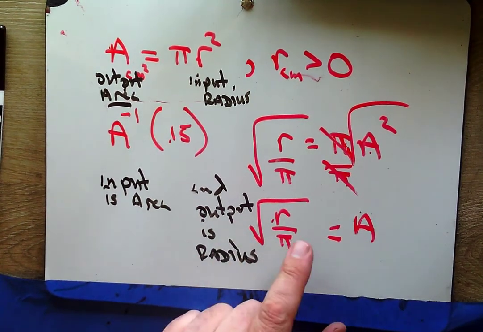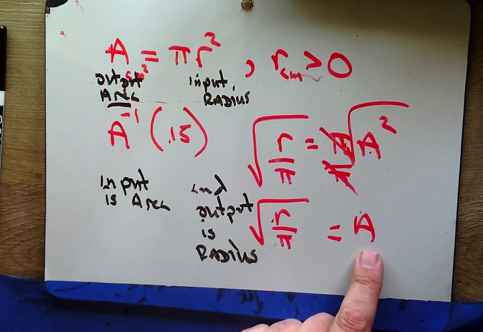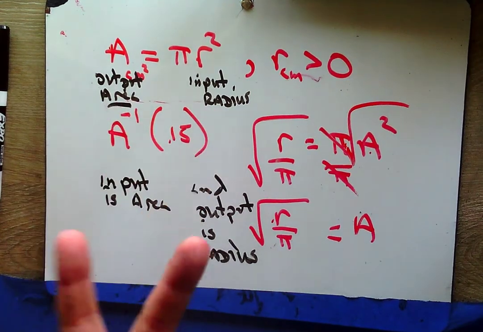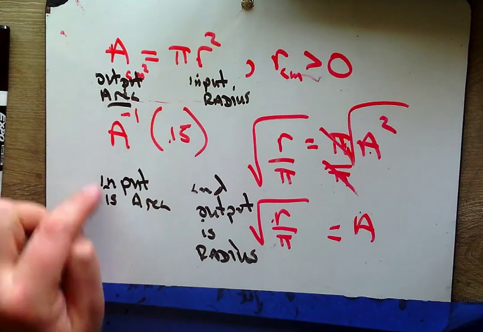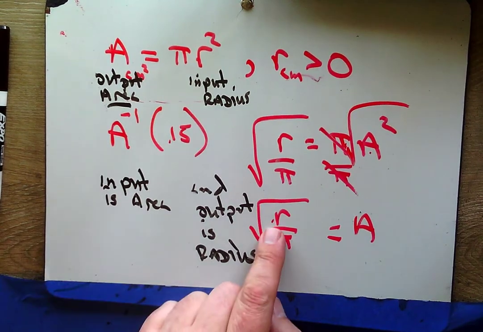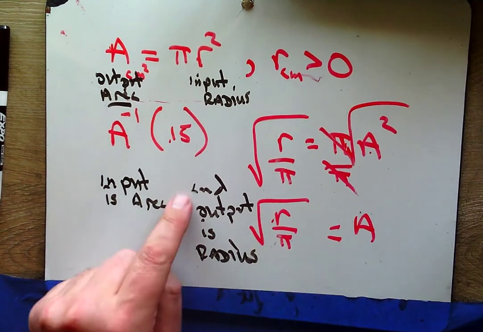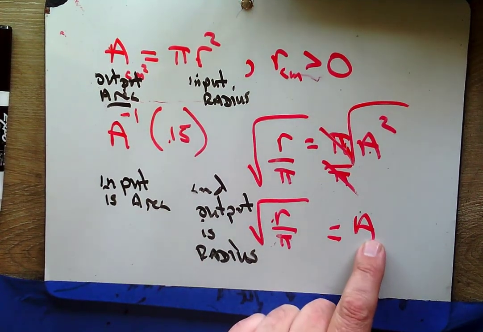And so now I'm thinking, I plug a radius in here and I get an area. But that's not what this says. This says that you're going to switch the inputs and outputs. And so your input now should be an area. Well, this is my input, and that is not an A. And my output is radius. Well, there's the output, and it certainly doesn't look like radius.